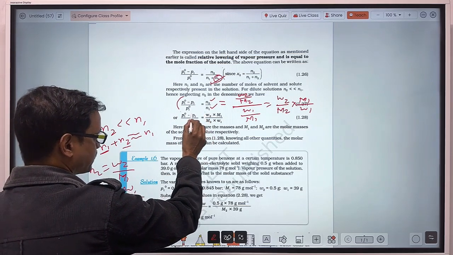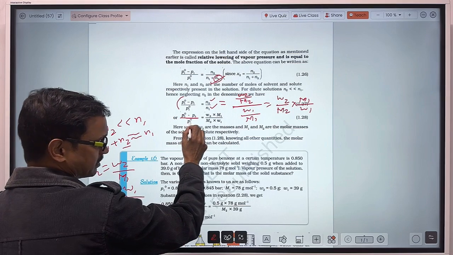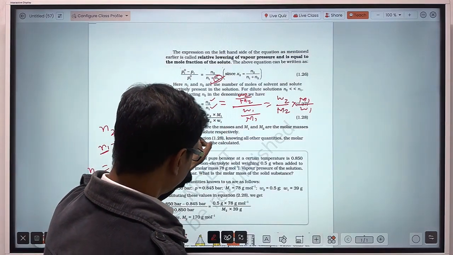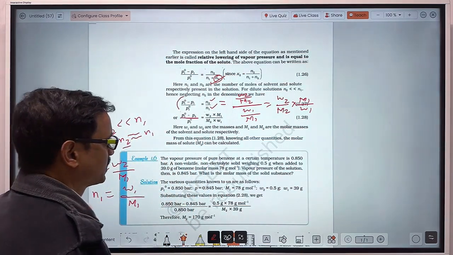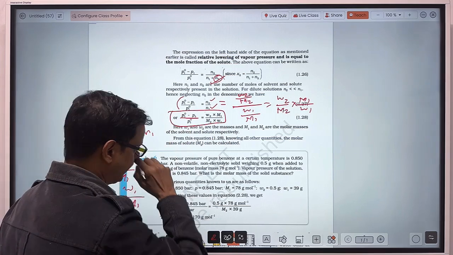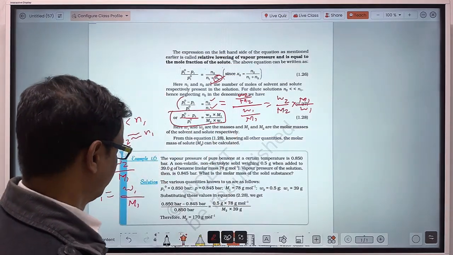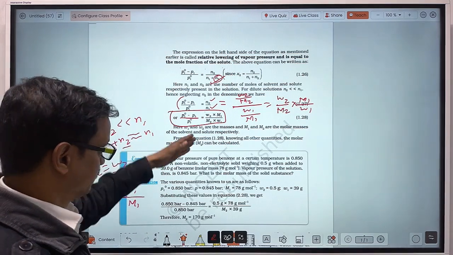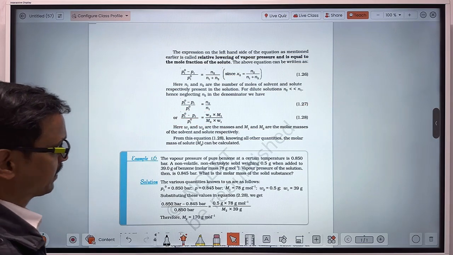So the relative lowering of vapor pressure, the lowering of vapor pressure with respect to the vapor pressure of solvent, will be equal to W2 M1 upon M2 W1. This is the expression. For the 12th board examination, if you keep this formula in your mind, you can very easily solve numerical questions based on the relative lowering of vapor pressure.